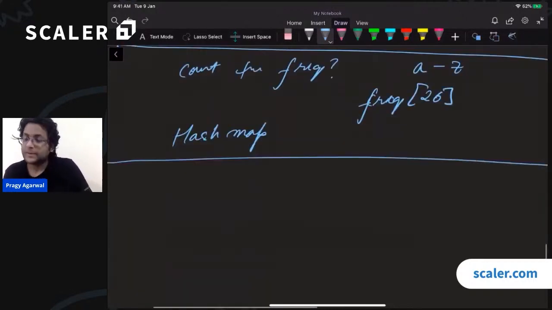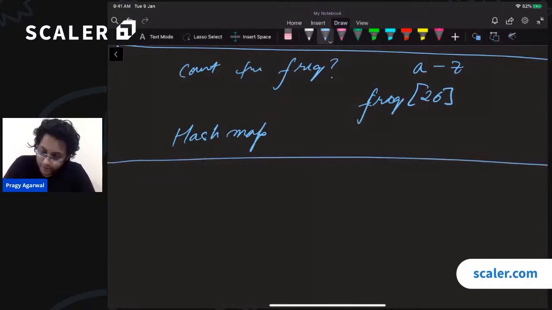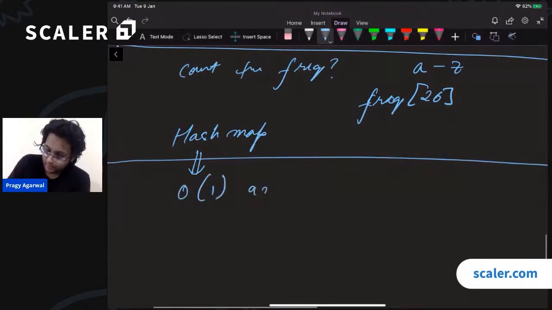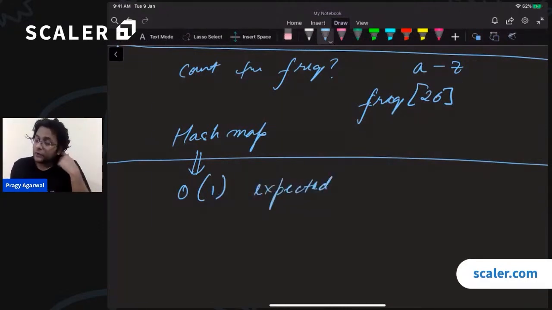So what will be the time complexity of this optimized approach? Let us suppose that we are using a hash map, and that the expected time complexity of checking or inserting in a hash map is order of 1. So what will be the overall time complexity? Now we are just iterating through the string and counting the characters, and finally checking if each of the values is a multiple of A or not.